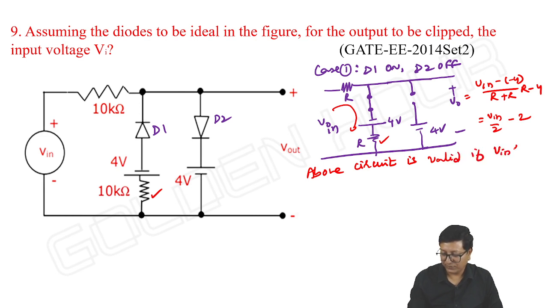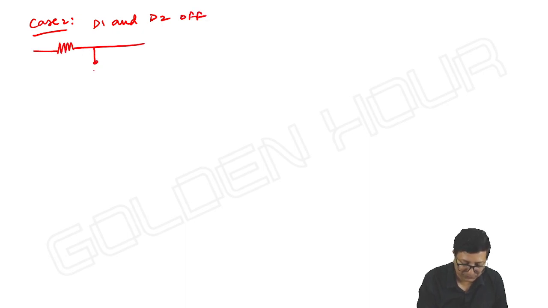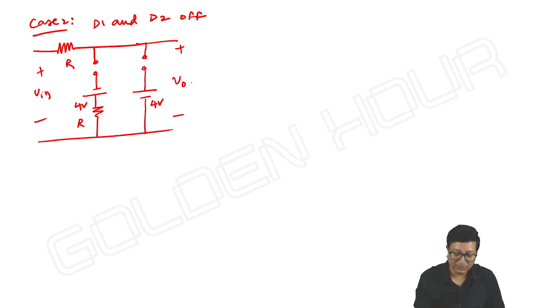If input is less than breakpoint 1. Okay. And input is above breakpoint 1 and below breakpoint 2. Both D1 and D2 are off. What about output? Output is equal to input.